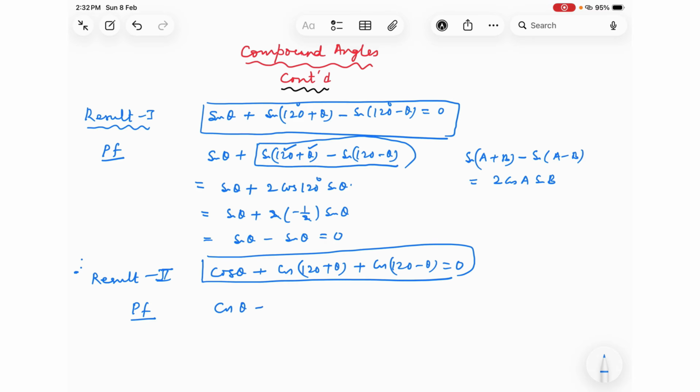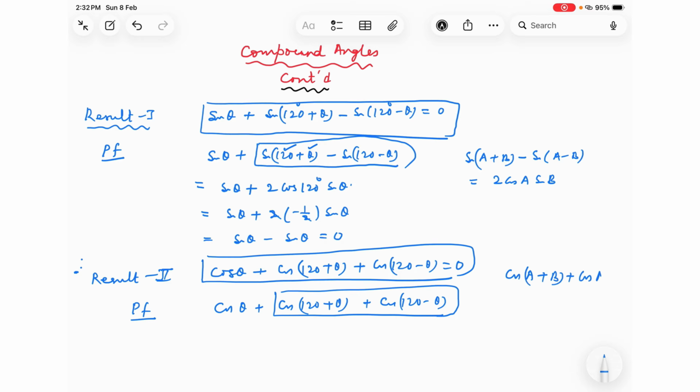Consider cos theta plus cos (120 plus theta) plus cos (120 minus theta). Now again you see these two terms. It is very clearly in the form of cos (A plus B) plus cos (A minus B).